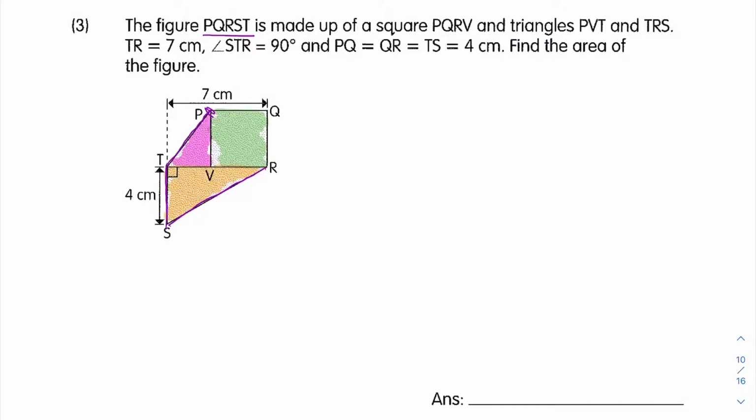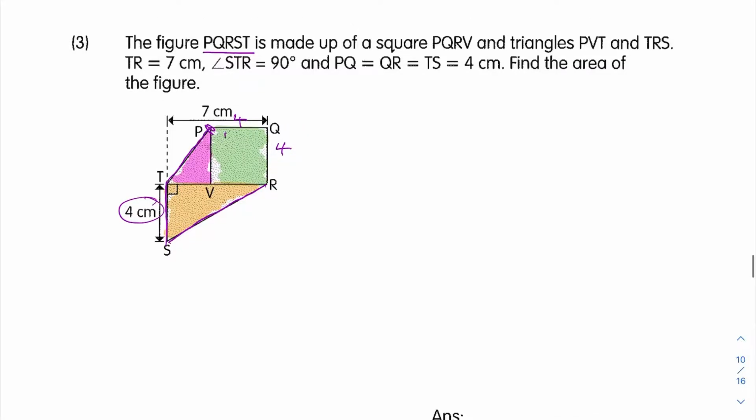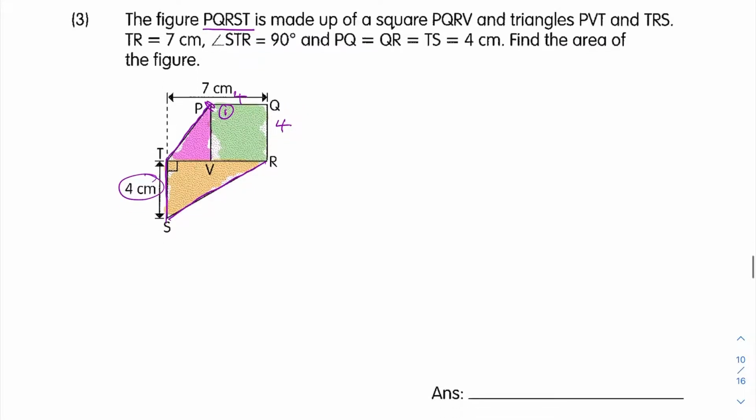TR is 7 cm, angle STR is a right angle, PQ, QR and TS are 4, so PQ is 4, QR is 4, and TS is 4 as well. Find the area of this figure. So we need to find the area of the square and the 2 triangles as well.